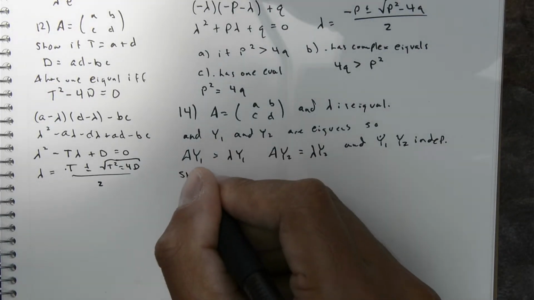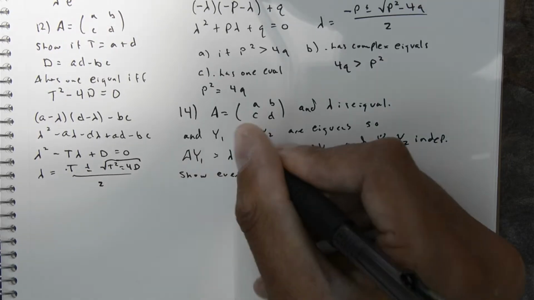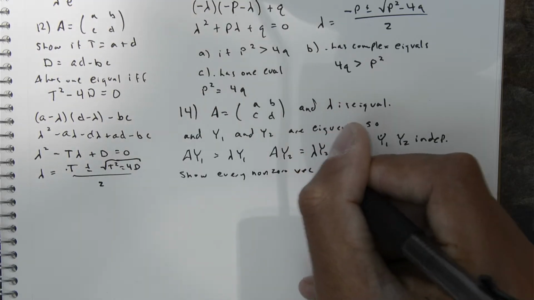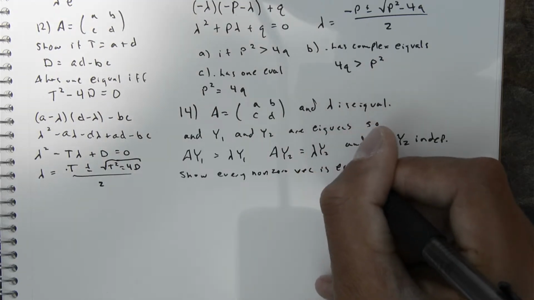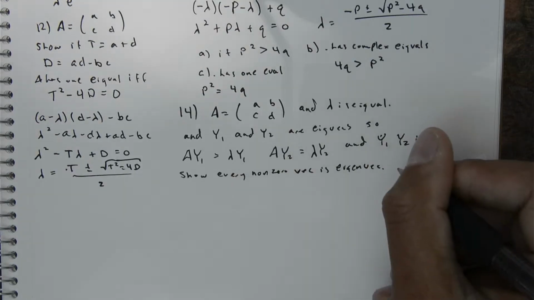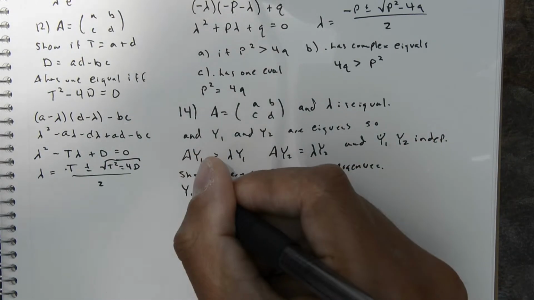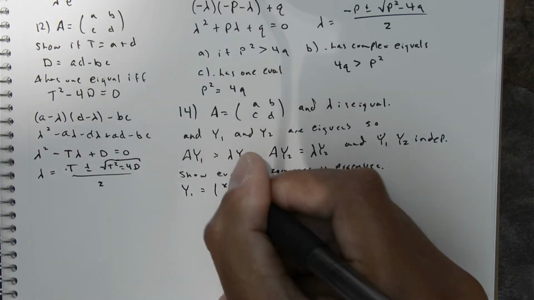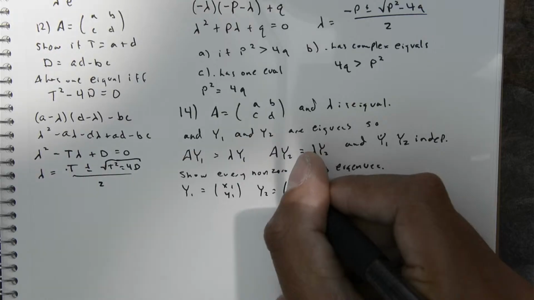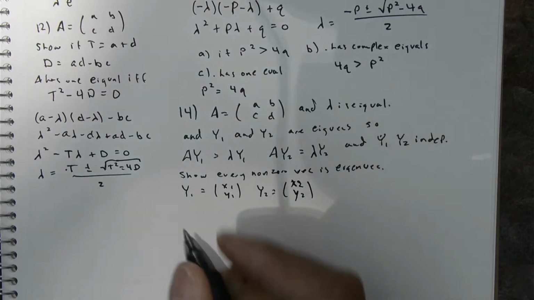We want to prove every non-zero vector is an eigenvector. Okay, so what we're going to do is just say y1 is equal to (x1, y1), and y2 is equal to (x2, y2).